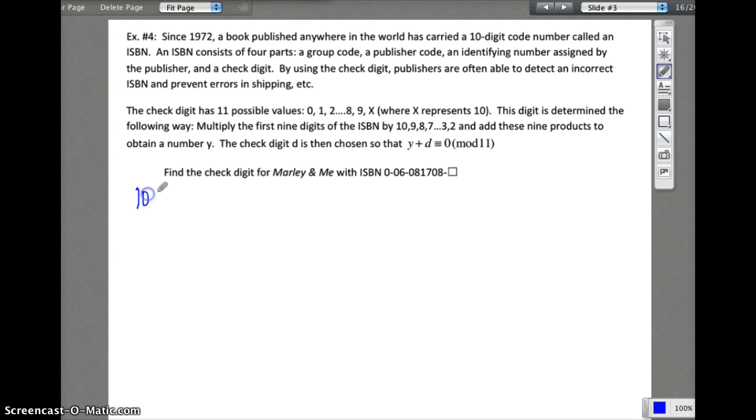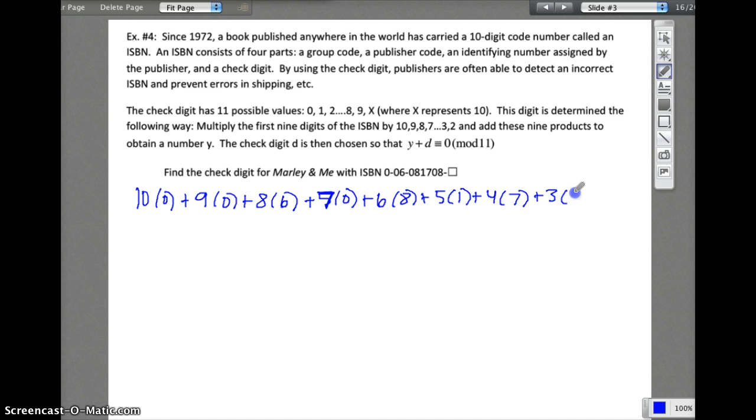So we're going to have 10 times 0, 9 times 0, plus 8 times 6, plus 5 times 0, 7 times 0, plus 6 times 8, plus 5 times 1, plus 4 times 7, plus 3 times 0 plus 2 times 8.